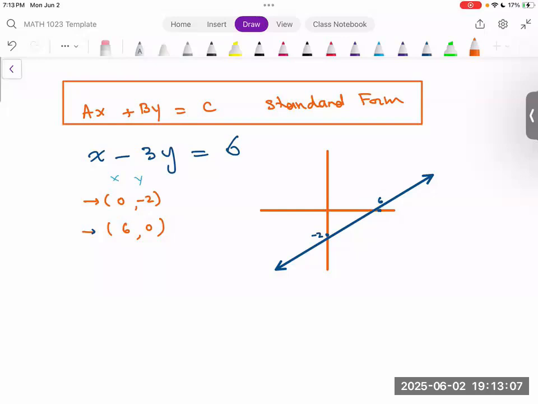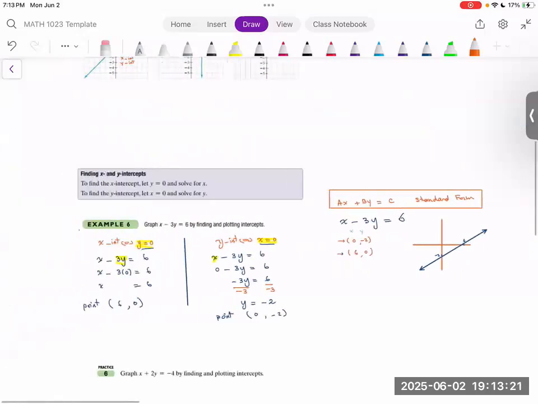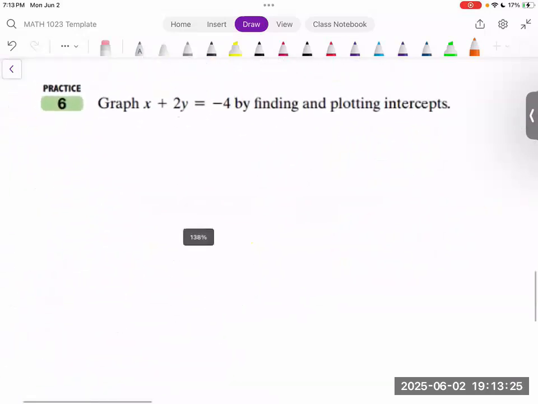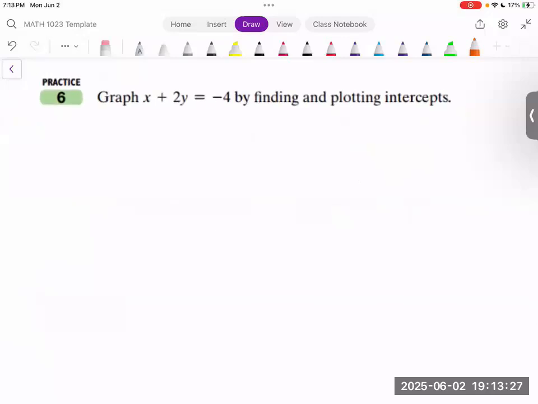Is it a lot of work, the last method that I did? Not at all. It's really straightforward. You got it? All right, that's the first application. Let's do one more here before going home.